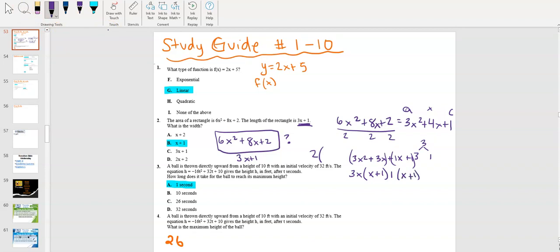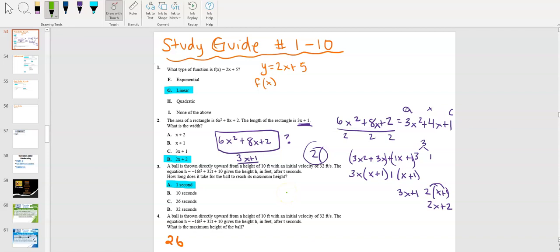So then my new factors are going to be 3x plus 1, which is the one that we were looking for. And then it would actually end up being 2 times x plus 1 because of this extra 2 we factored out. When I multiply that out, I'm going to get 2x plus 2. So the answer, which I have wrong on here, is not B, it is D, 2x plus 2.